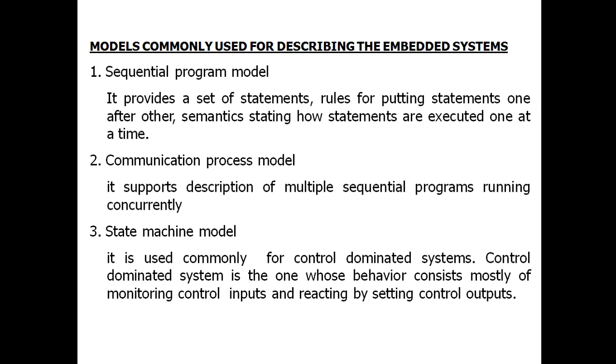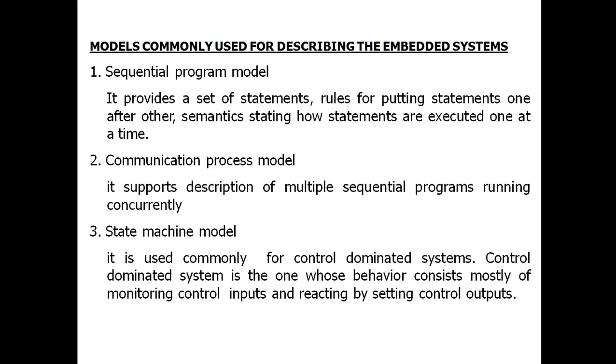So let's go to the next slide, and from here we can understand the basic differences of these three models. The first one, known as the sequential program model, provides a set of statements, rules for putting statements one after the other, and semantics stating how statements are to be executed one at a time.